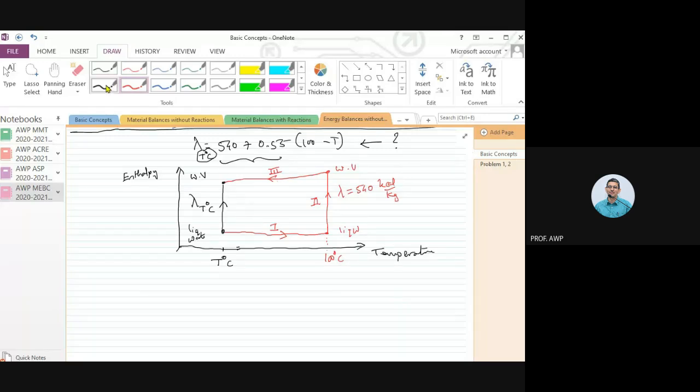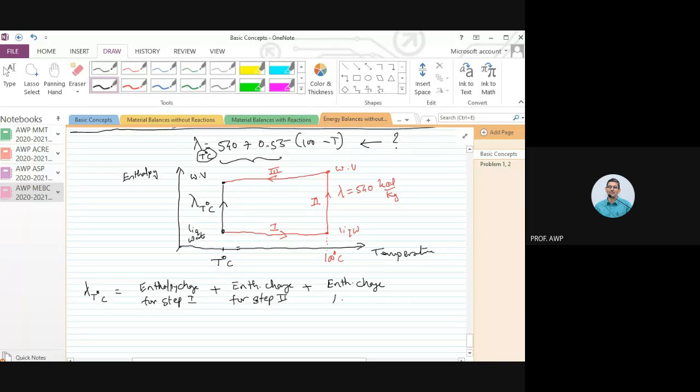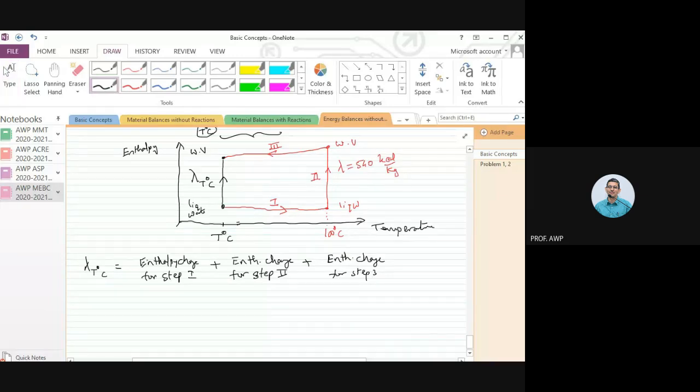So now we can write lambda at T degrees centigrade would be the enthalpy change for step 1 plus enthalpy change for step 2 plus enthalpy change for step 3. Right? And because we are looking at lambda, we are taking 1 kg of water. So enthalpy change for 1 kg of water would be 1 m into Cp into change of temperature for step 1.